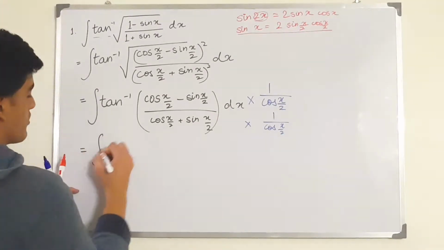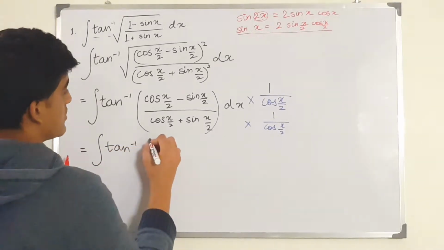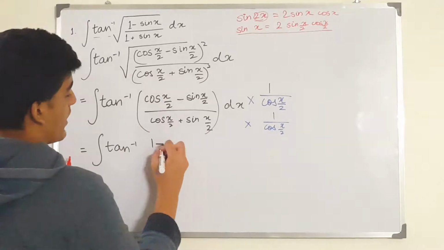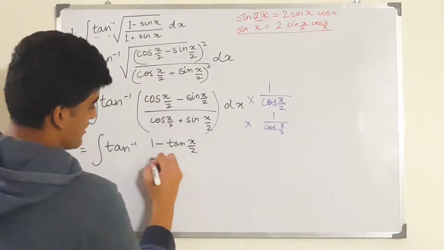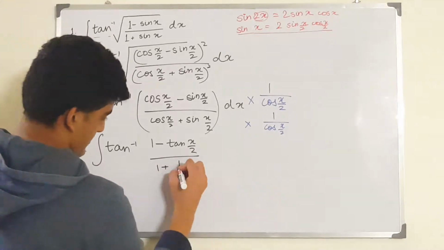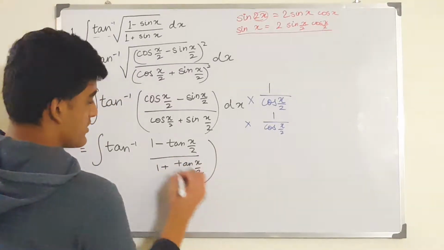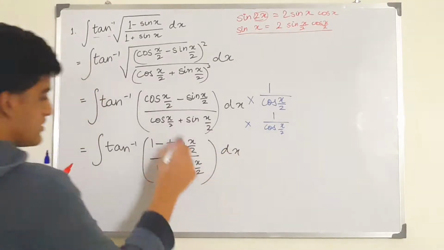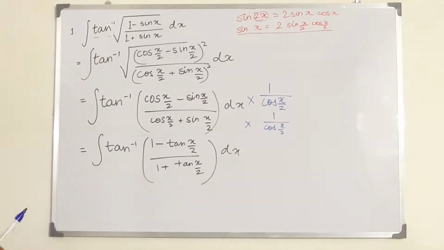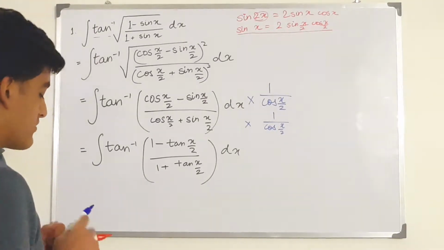So what we are going to have is tan inverse of 1 minus tan x by 2 divided by 1 plus tan x by 2. You might be familiar with this form of tan. It's the tan subtraction method.